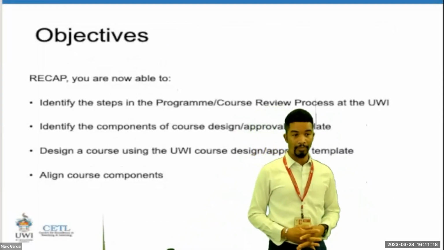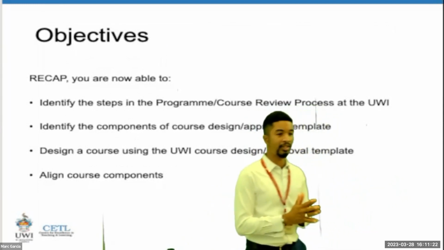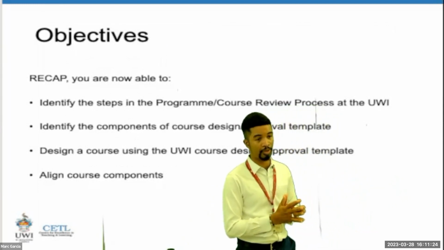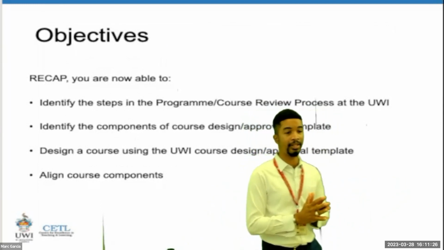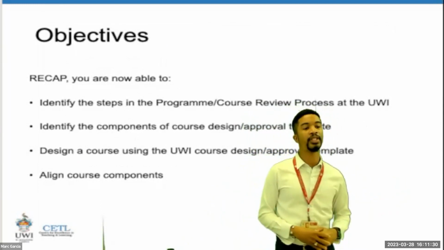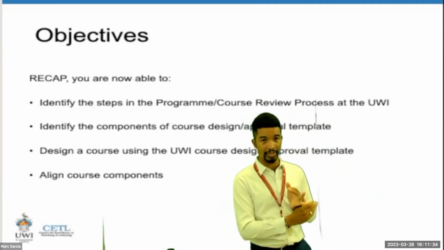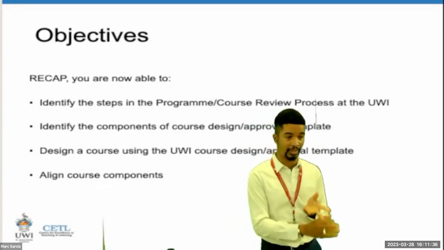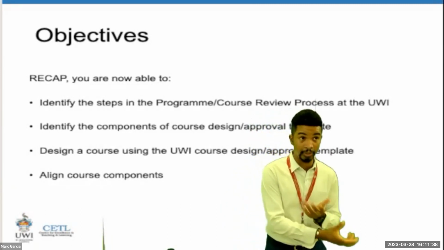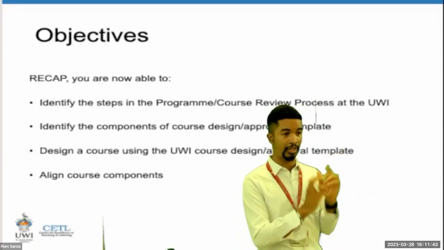Now we do have, just a recap, we looked at the steps in the course review, program review process. We looked at some of the salient components of this process. And then we also looked at the template and we were designing things along the way. So you inserted your prerequisites, your topics, your content, your learning outcomes, and even mapped out some of the assessments for each level for the learning outcomes.